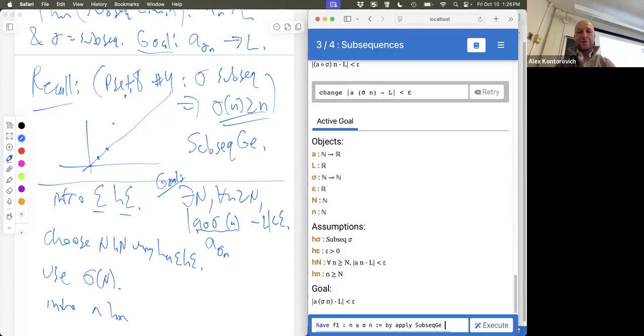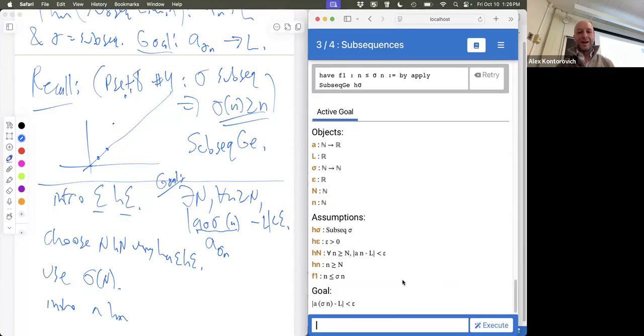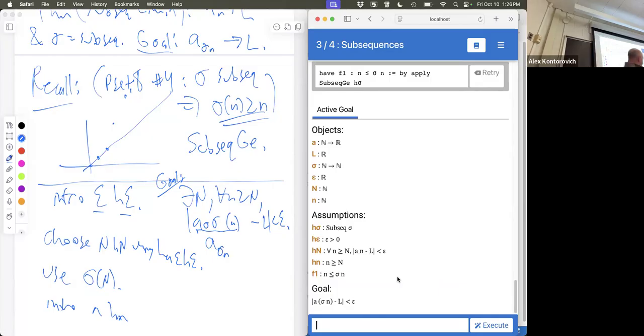For subseq greater than or equal to, I need to be given the fact that sigma is indeed a subsequence. That's H sigma. H sigma is this fact that we want. Aha. So capital N is the lower bound for little n, which is the lower bound for sigma of N. So we have F2, which is capital N is less than or equal to sigma of N. And that's by linarith of Hn and F1.